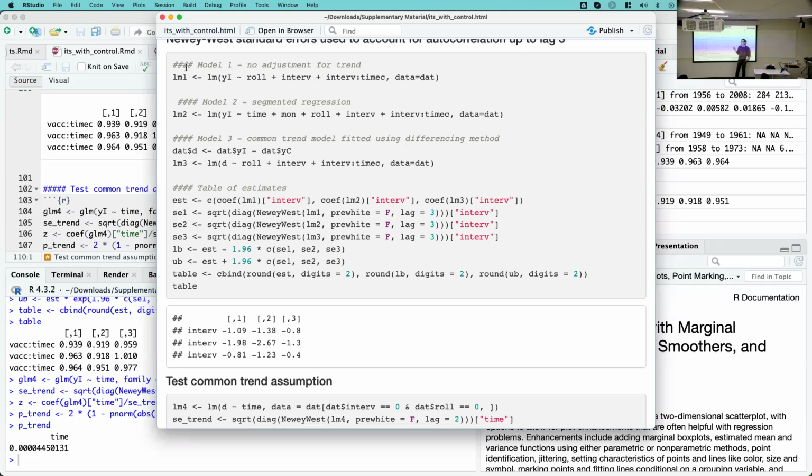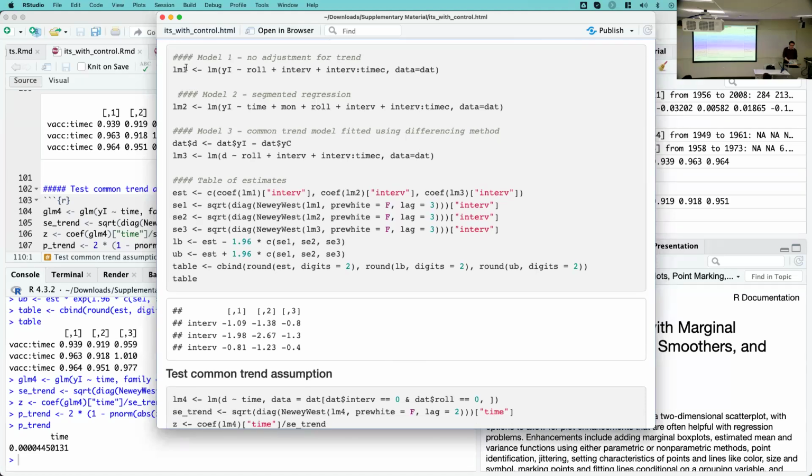One of them will tell you that there's more infections because of the intervention in the design without a control group. The design with a control group shows you that there are fewer when compared appropriately. So this is golden. It's a great example to show you how wrong you could be when you don't have an appropriate control group and you don't model that explicitly.